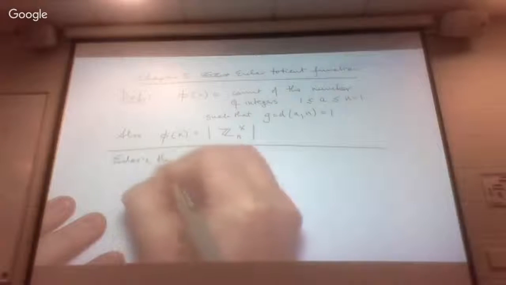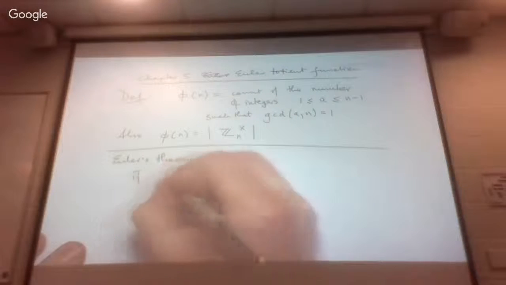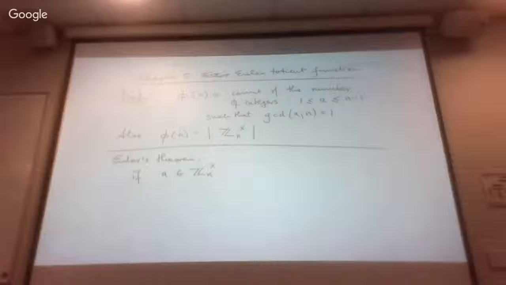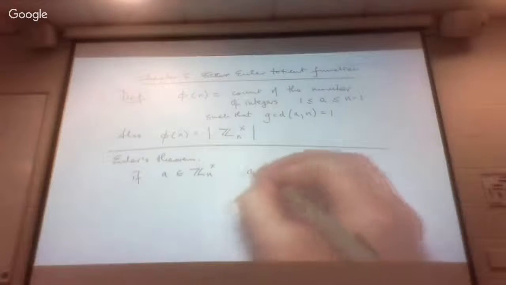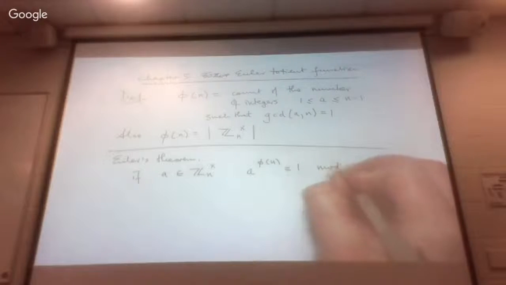Also, there's Euler's theorem. We're interested in this because it describes the size of the group of integers modulo n, but it also tells us that if A is in the multiplicative group of congruence classes modulo n, then when you raise A to the power phi of n, you get something congruent to 1 modulo n.